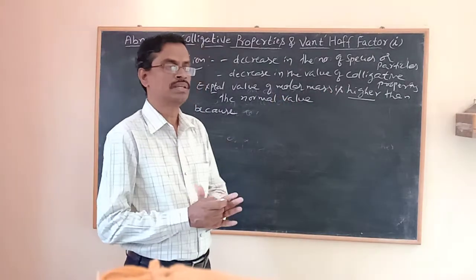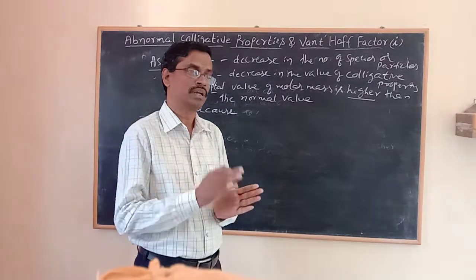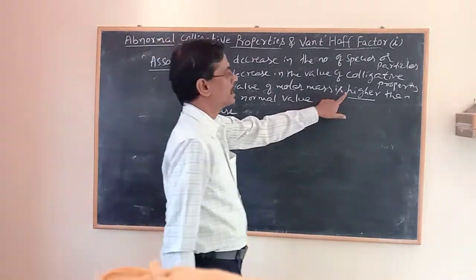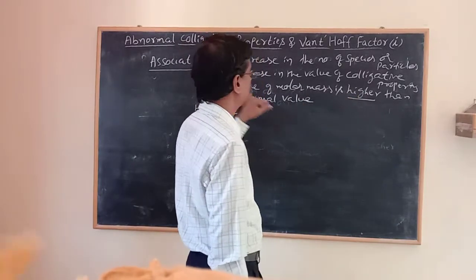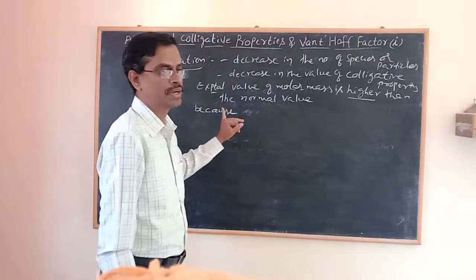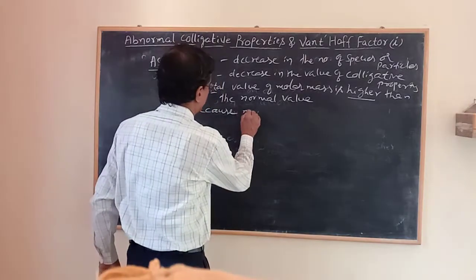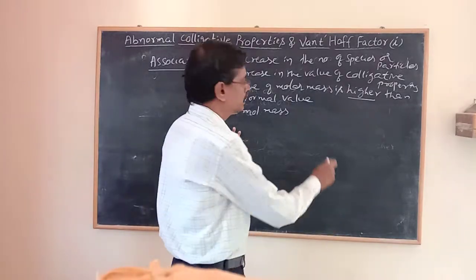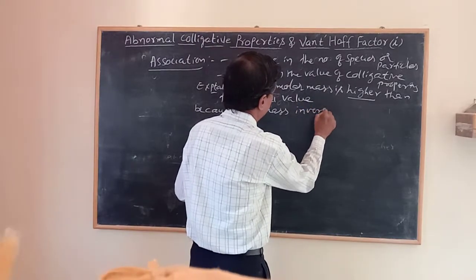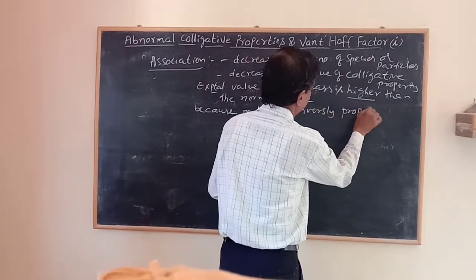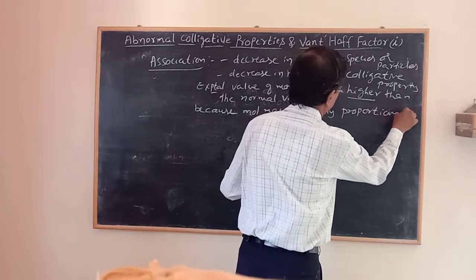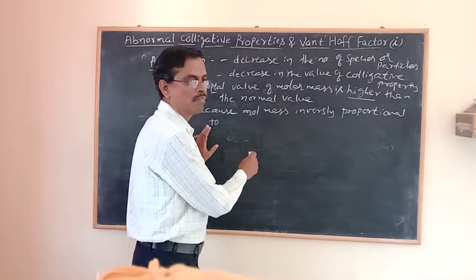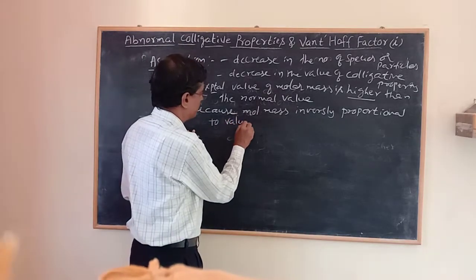In all those cases, the values of colligative properties are inversely proportional to the molar masses. Because of this, the experimental value is higher compared to the normal value. The reason is that molar mass is inversely proportional to the value of the colligative property.